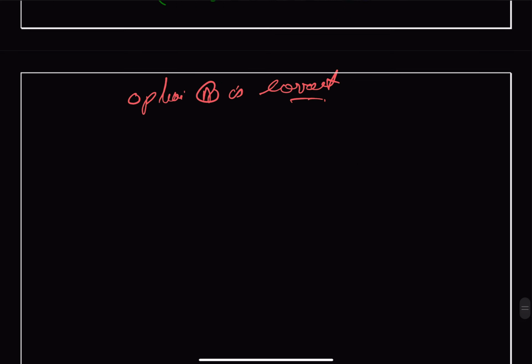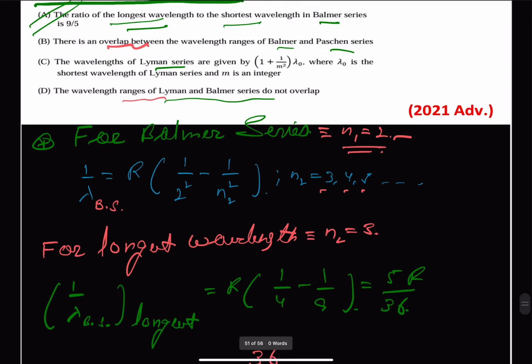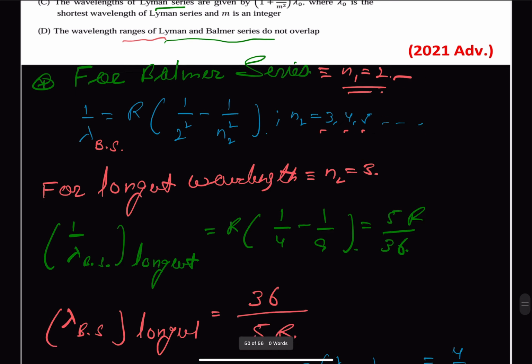So for Lyman series, our n1 is equal to 1. Therefore, we can write that 1 upon lambda Lyman series will be equal to R times 1 upon 1 square minus 1 upon n2 square. And we have to find out the shortest.